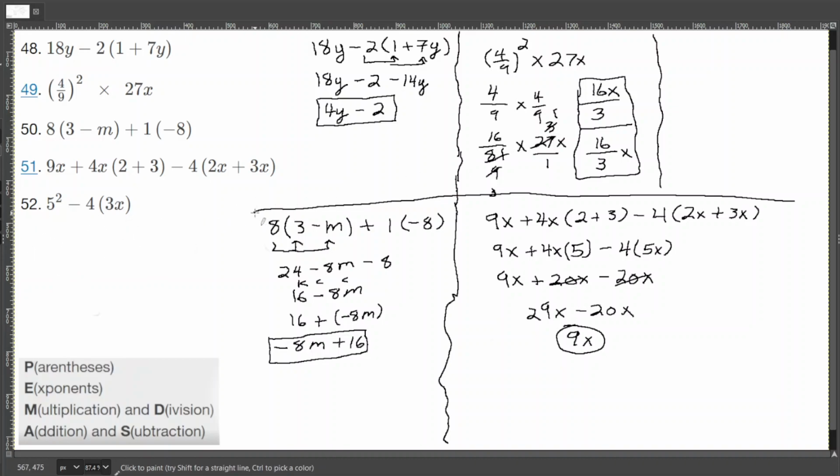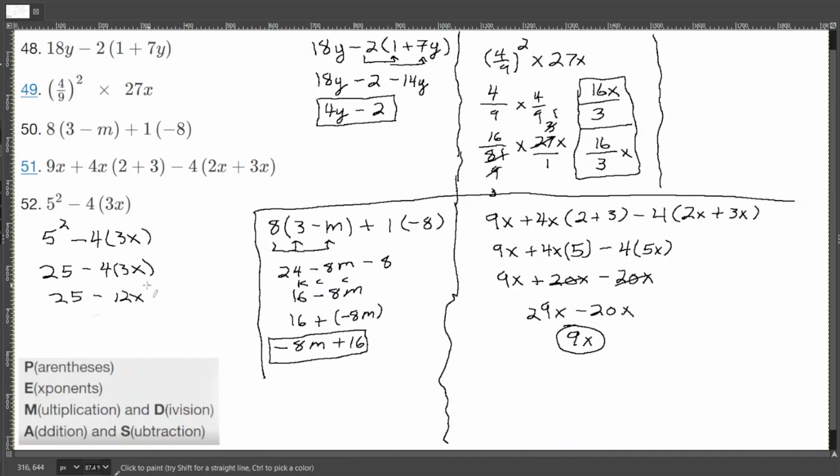Now 52, I think I'm going to squeeze in this little box here. This one doesn't look too bad. So we have 5 squared minus 4 times 3x. Okay, so now we have 25 minus 4 times 3x. So we have 25 minus 12x, right?